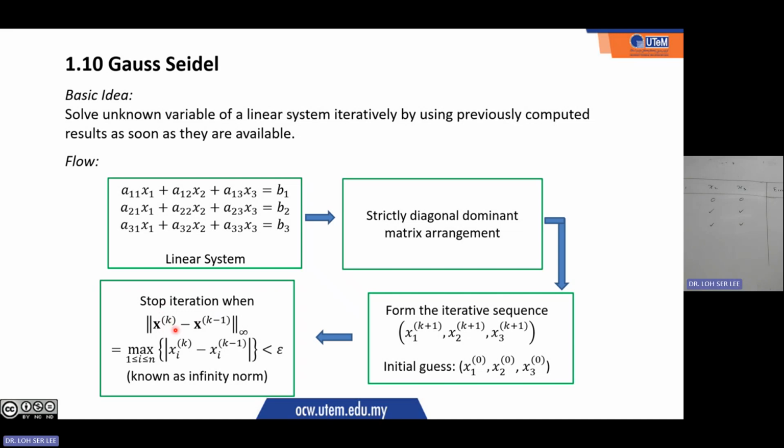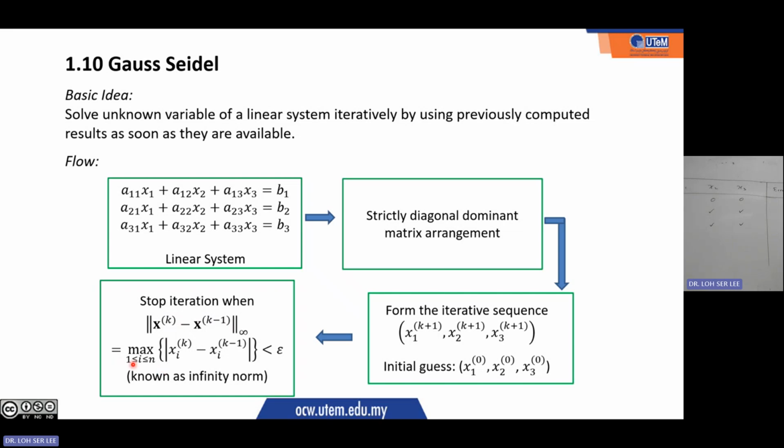The k values refer to the iteration, the current and the previous iteration. k is current, k minus 1 will be the previous iteration.